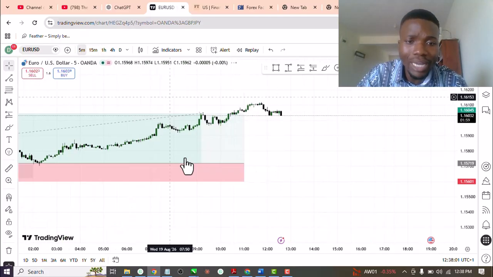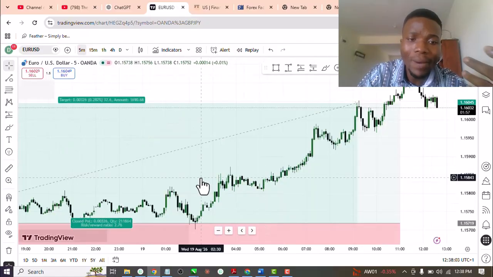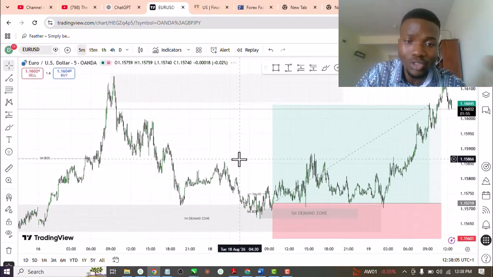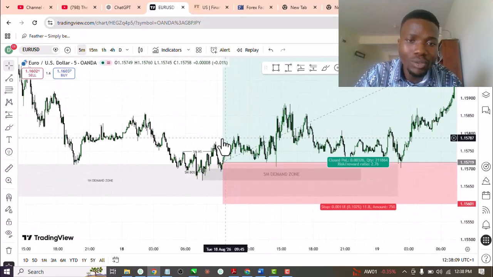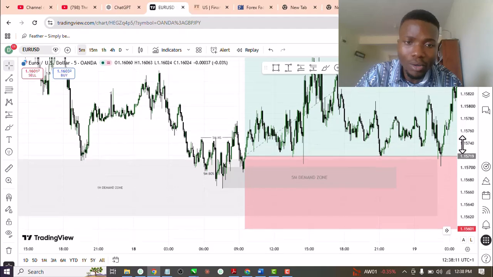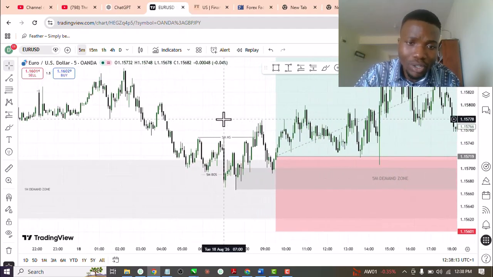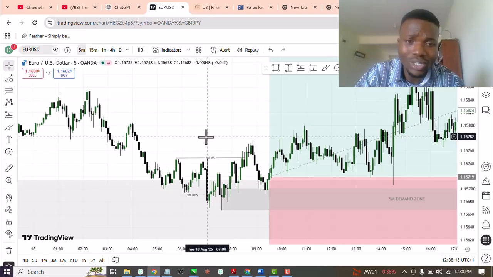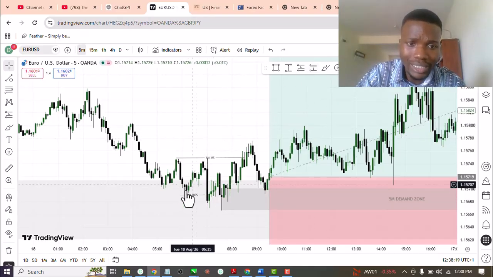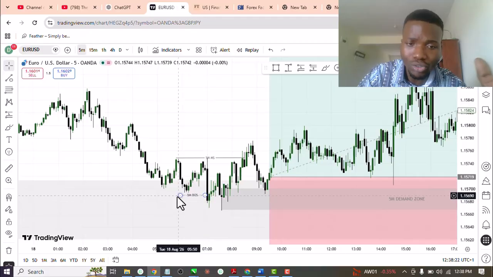And on the lower time frame, I look at my market shift or change of character, as some traders know it. I want to look out for my break of structure to the downside. Price is actually selling. Okay, and you can see that I mark up my 5-minute break of structure here.